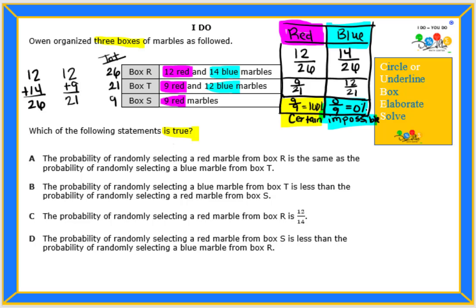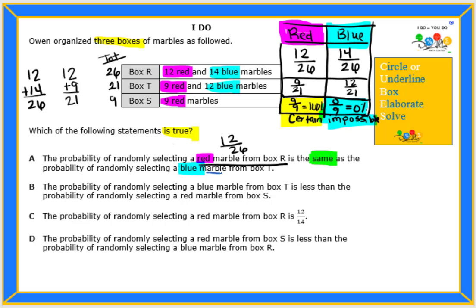Okay, so now that we know the probabilities of each, let's take a look at our statements. The probability of randomly selecting a red marble from box R. So let's look at box R. That would be 12 out of 26. A red marble from box R is the same as the probability of randomly selecting a blue marble from box T. So let's look at box T and blue.